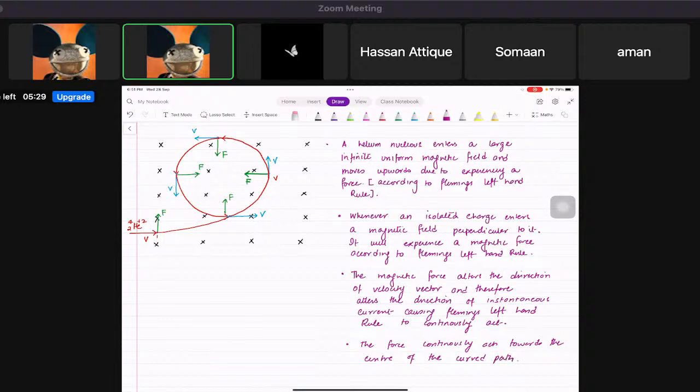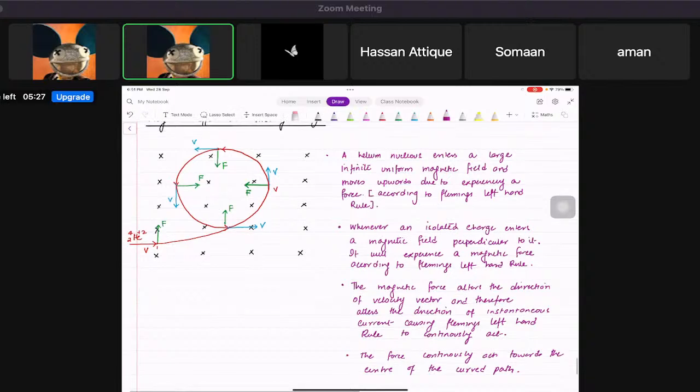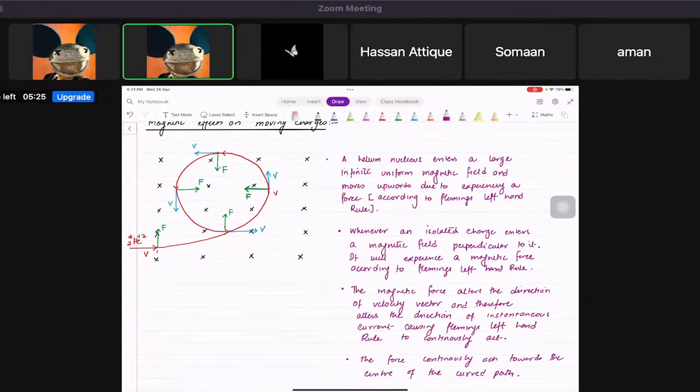If you look at the whole thing, do you remember something about this? Something that moves something in a circle? Centripetal force. That is 100% correct.